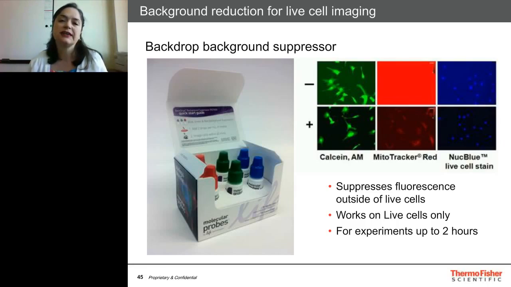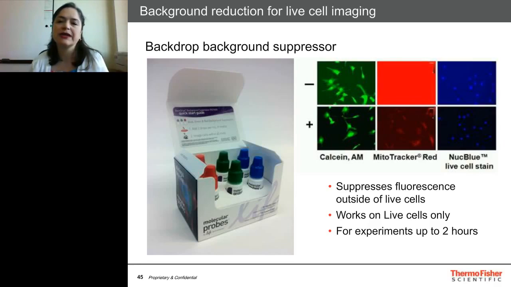You can see that in the bottom panel there with the plus sign, where the calcein AM is a green fluorescent cell. It says that the cell is alive, as one of those indicators we talked about earlier. And you can see that the background has decreased, and so now it's darker.